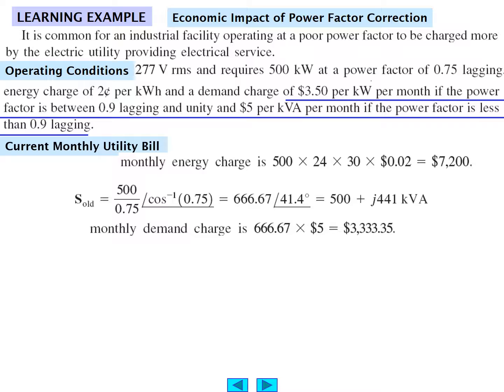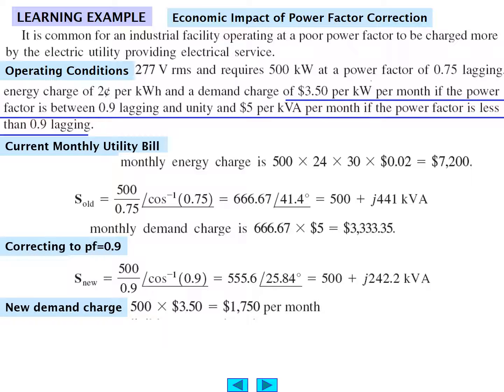And that's equivalent to 500 plus j441 kilovolt amperes. So therefore, the monthly demand charge would be that magnitude, 666 kilovolt amperes times $5 per kilovolt ampere per month. So the monthly demand charge on top of the energy charge would be $3,333.35 or so.